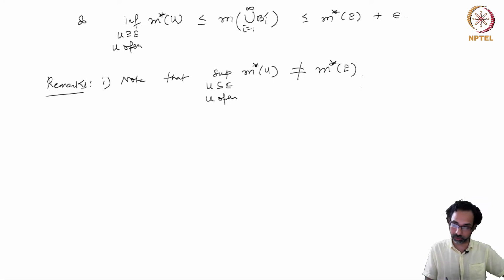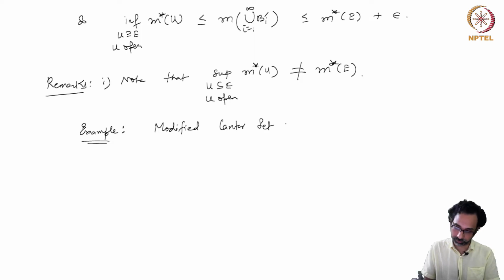So I am going to give an example for this. This is the so-called modified Cantor set. The modified Cantor set is defined as follows.